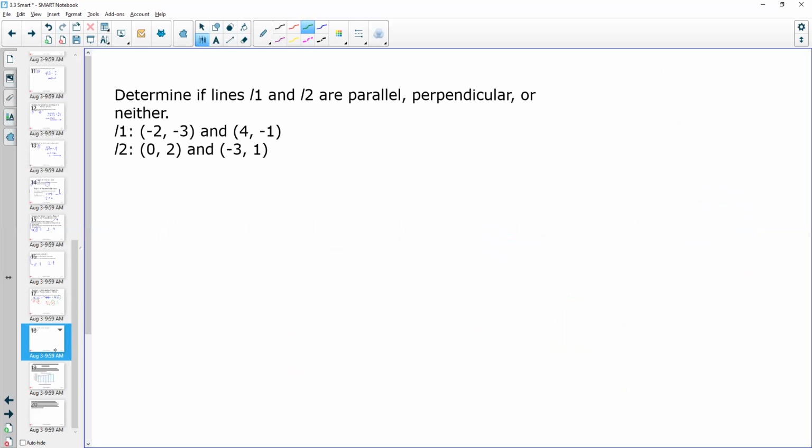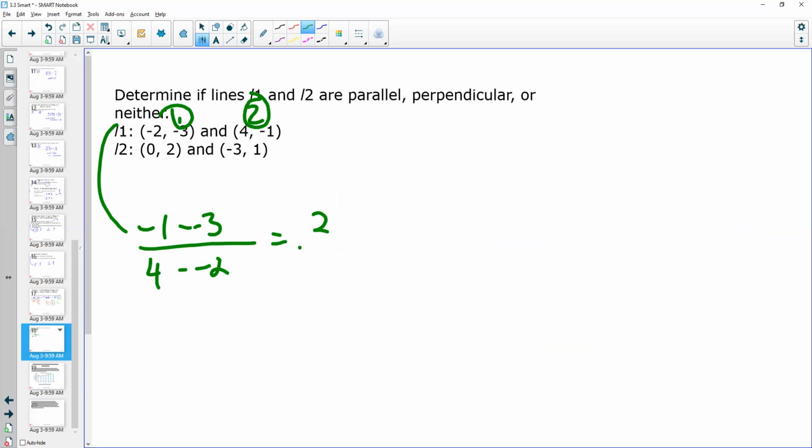Let's try this one. We do the same process. We find the slope for the first pair. So I have negative 1 minus negative 3 over 4 minus negative 2. That gets me positive 2/6. That's the same as 1/3, right?